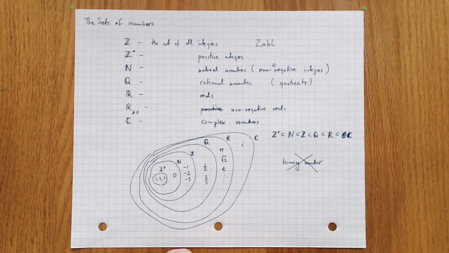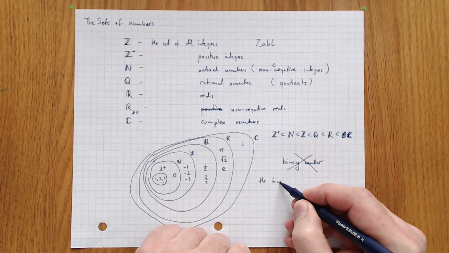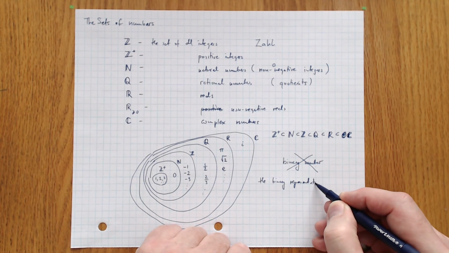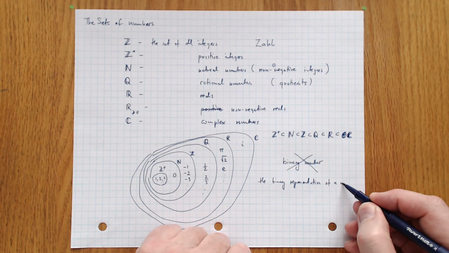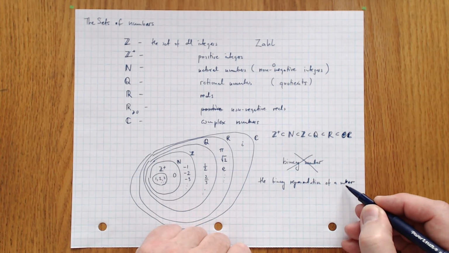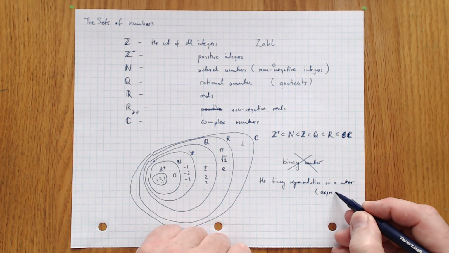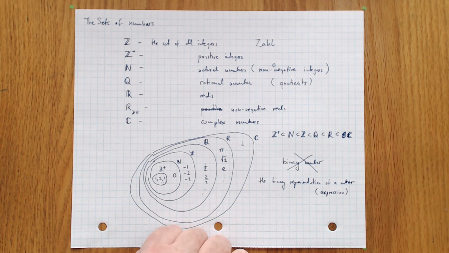A more precise phrase would be the binary representation of a number, the representation being an expression.